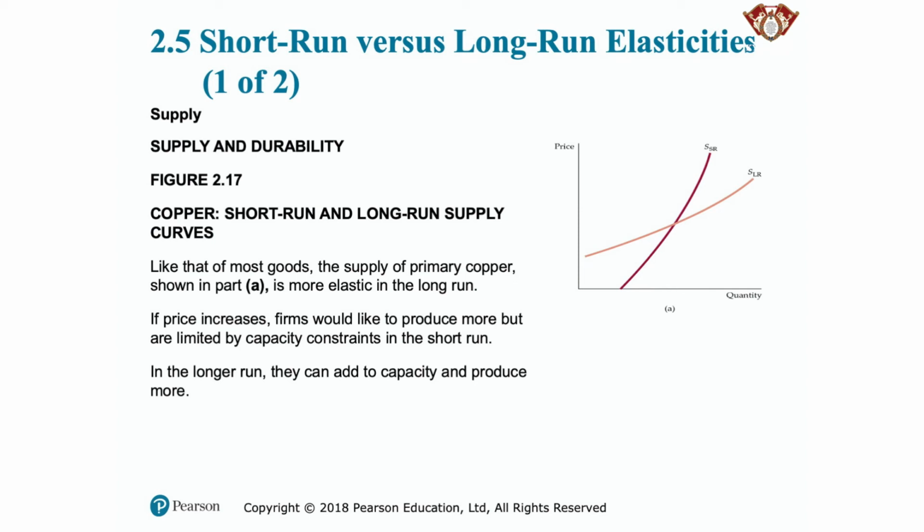If price increases, firms would like to produce more, but are limited by capacity constraints in the short run. But in the long run, the company can purchase more capital and more labor, and the supply of goods increases greatly. So long-run elasticity is larger than short-run elasticity. In the long run, they can add to capacity and produce more. So the long-run supply curve is like this, right?